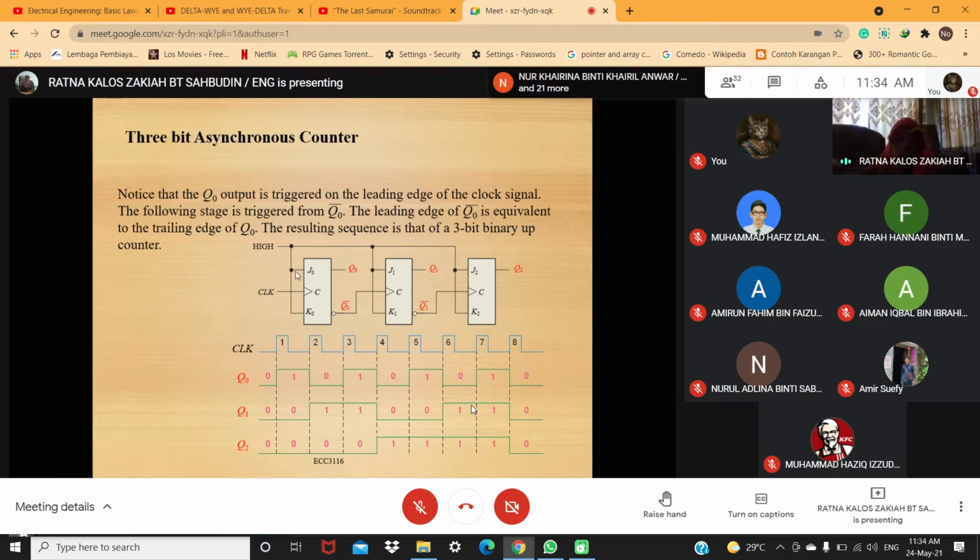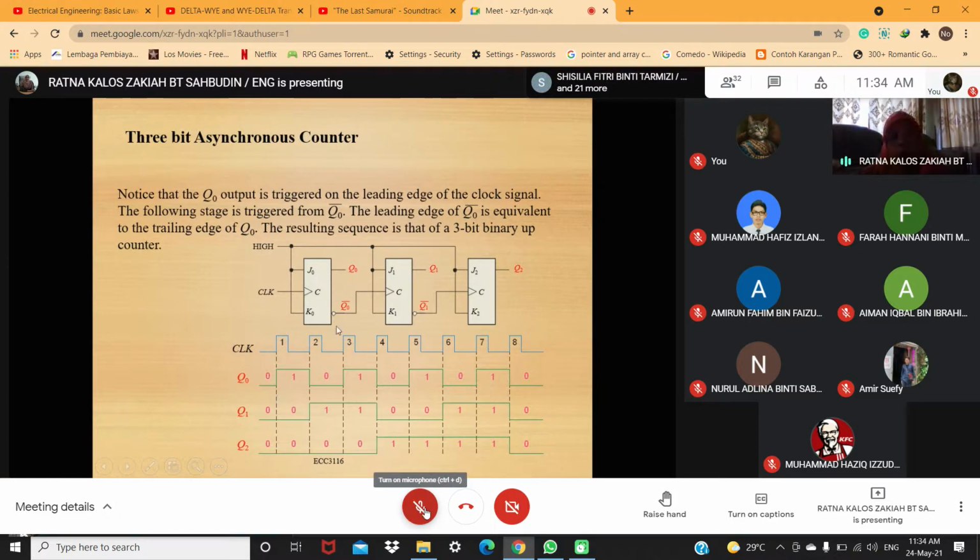So this is a 3-bit up counter. How do you know this is a 3-bit up counter? You look at the sequence here. Here is 0 0 0, and then going up to 0 0 1, 0 1 0, 0 1 1. It's going up: 0, 1, 2, 3, 4, 5, 6, 7, and so on. So this is a binary up counter.